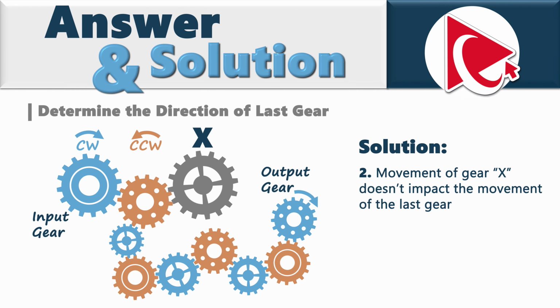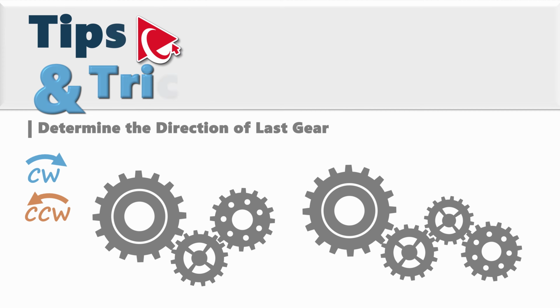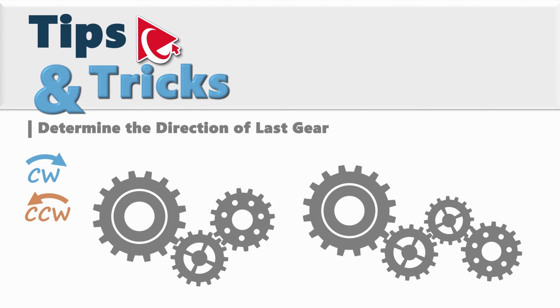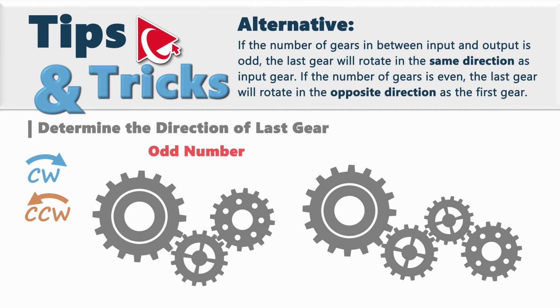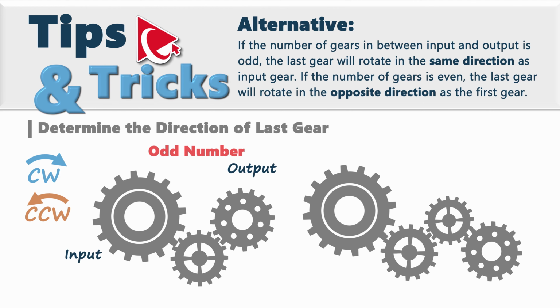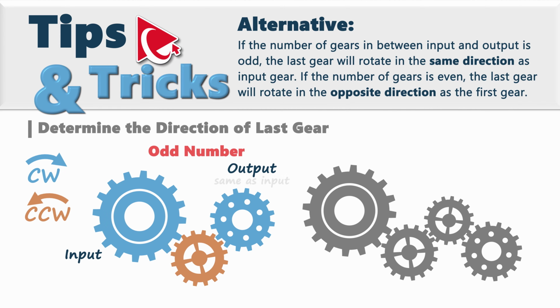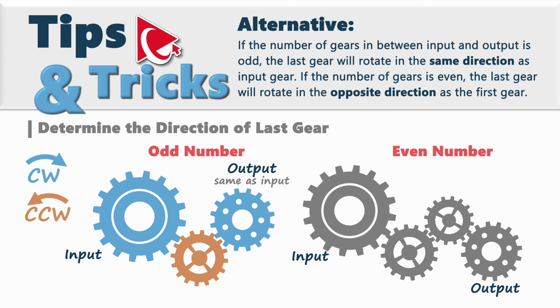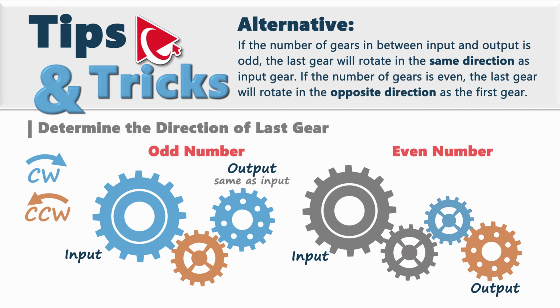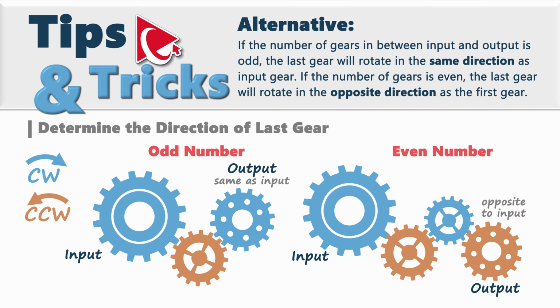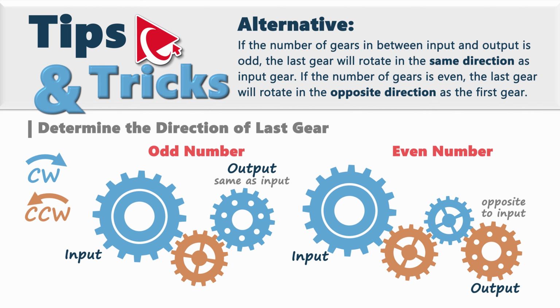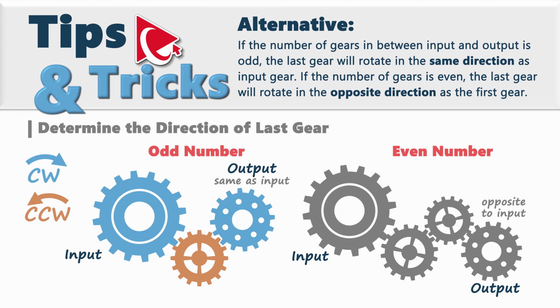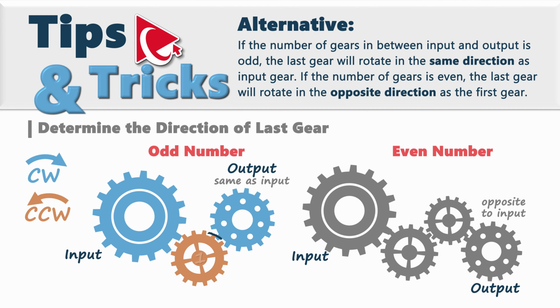in a clockwise direction. Let me show you an alternative way you can solve it faster. For example, if the number of gears in between input and output is odd, the last gear will rotate in the same direction as the input gear. On the other hand, if the number of gears is even, the last gear will rotate in the opposite direction from the first gear. Let's look at the example. Let's look at the odd number of gears. The simplest odd number is 1.